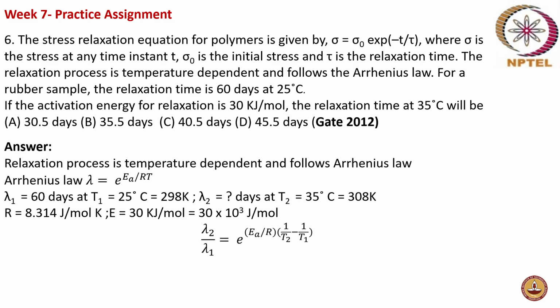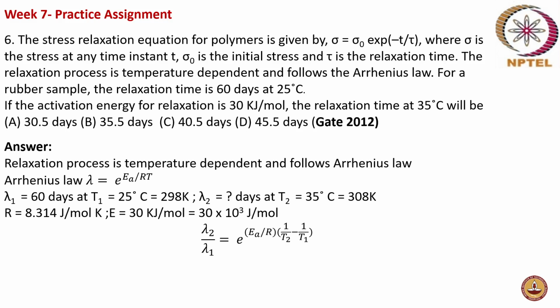So lambda 2 by lambda 1 is exponential of EA by R into 1 by T2 minus 1 by T1. We are combining each case together, dividing the Arrhenius relation for the relaxation time at temperature T2 by the Arrhenius relation for relaxation time at temperature T1.